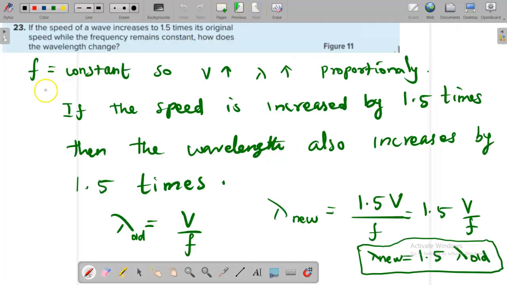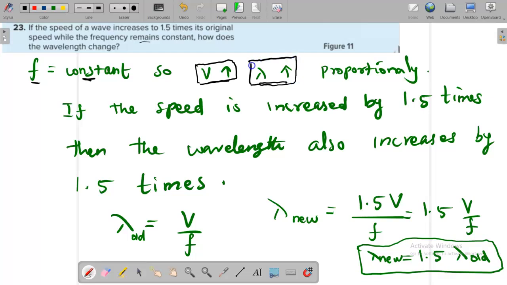Question number 23. If the speed of a wave increases to 1.5 times its original speed, while the frequency remains constant, how does the wavelength change? If frequency is constant, we should know speed is directly proportional to the wavelength. If the speed is increased by 1.5, wavelength also increased by 1.5.